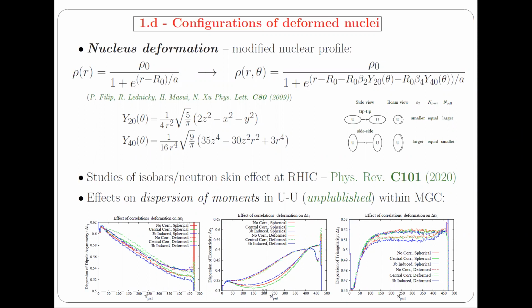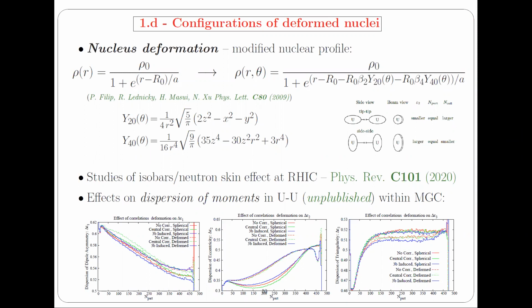In this case, we show figures about uranium, for delta epsilon 1, delta epsilon 2, and delta epsilon 3, where I distinguish results obtained from configurations including nucleon correlations, and including or not including deformations.